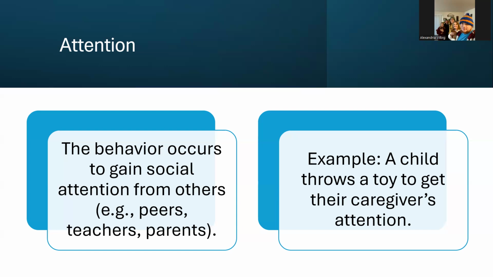So learning to recognize the functions of behavior can be important because responding based on function has shown to improve treatment outcomes in research. In this scenario, if you had a child who was throwing toys or trying to damage property for the sake of attention, not giving attention to that behavior, and then next time you're there priming them and saying, hey, while we're here, you can earn a prize or get some positive reinforcement if you don't kick these things, might be a more effective way to address it.